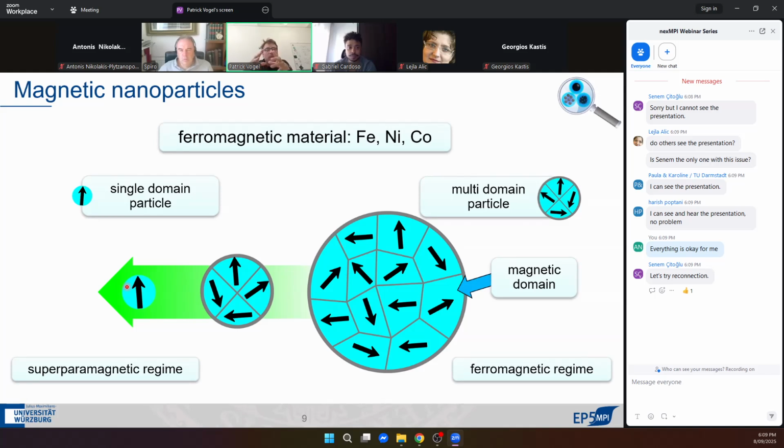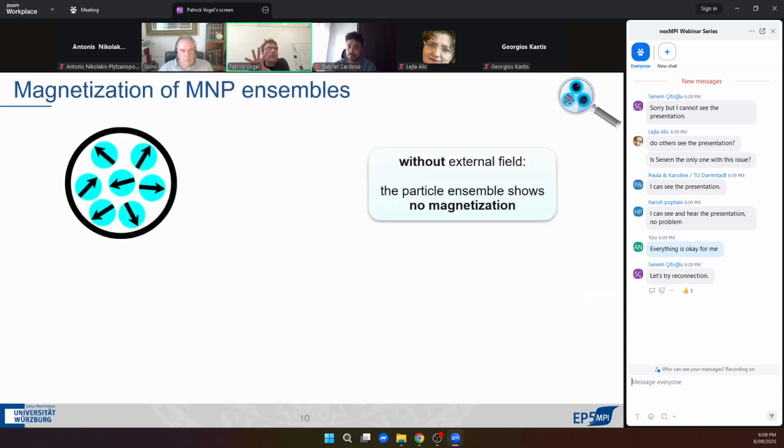Superparamagnetic just means you have one Weiss domain, and each of the particles can be seen as a tiny magnet. When you put together a lot of these small particles in an ensemble, then the magnetization of this ensemble is zero, seen from the outside, because of the stochastic distribution of the particles. So without an external magnetic field, no magnetization can be seen.